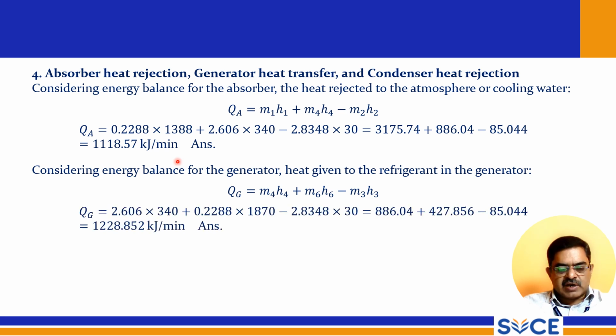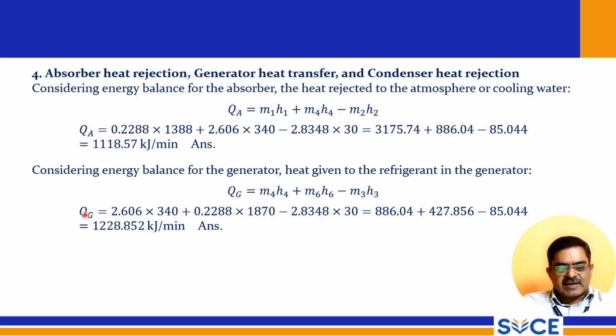By substituting all the values, the generator heat is found out as 1228.852 kilojoules per minute. So that is the Qg. Qa, the absorber heat, we have already found, and now Qg, the generator heat transfer.